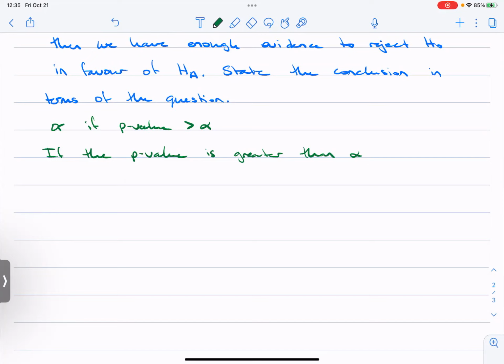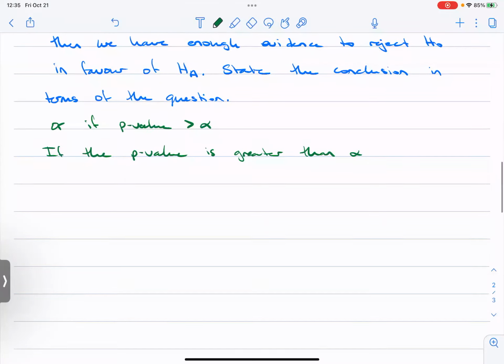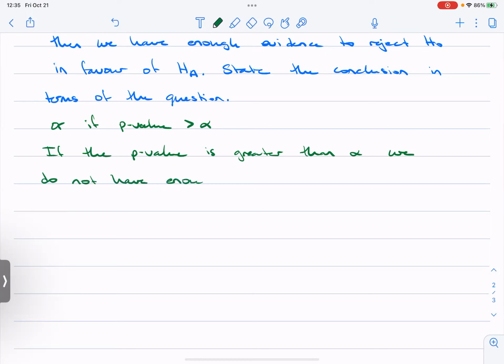And so we're willing to just say, okay, then the null hypothesis is, I'm going to say, true. So we do not have enough evidence to reject H naught.